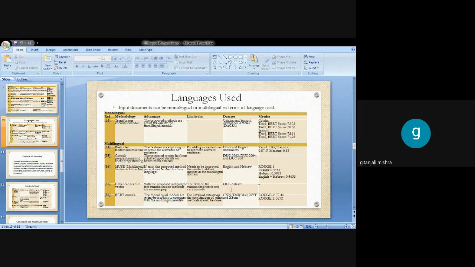Here the input dataset is DUC. And in 38, a BERT model we used. By using this, we have seen that monolingual models give the best result compared to the multilingual model. The limitation is that for keyword extraction, a combination of other methods should be done, and the main datasets we have used are CNN Daily Mail, NYT, and Xsum. This is the result of that.